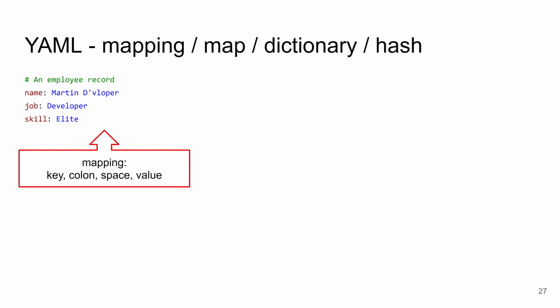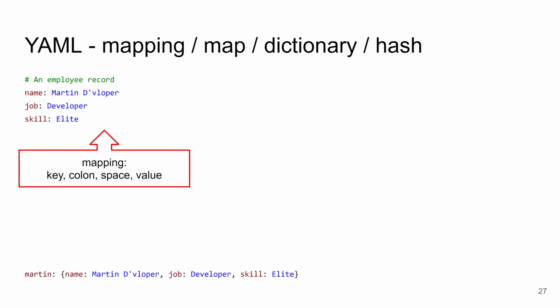Now we already saw an array and we need support for key value pairs. So in YAML, this is called a mapping. A mapping is a set of key value pairs. It is the same as a map or a dictionary or a hash or what was called a table in TOML. So it is again the same thing. It's a sequence of key value pairs. And in YAML, the key and the value are separated by a colon and a space.